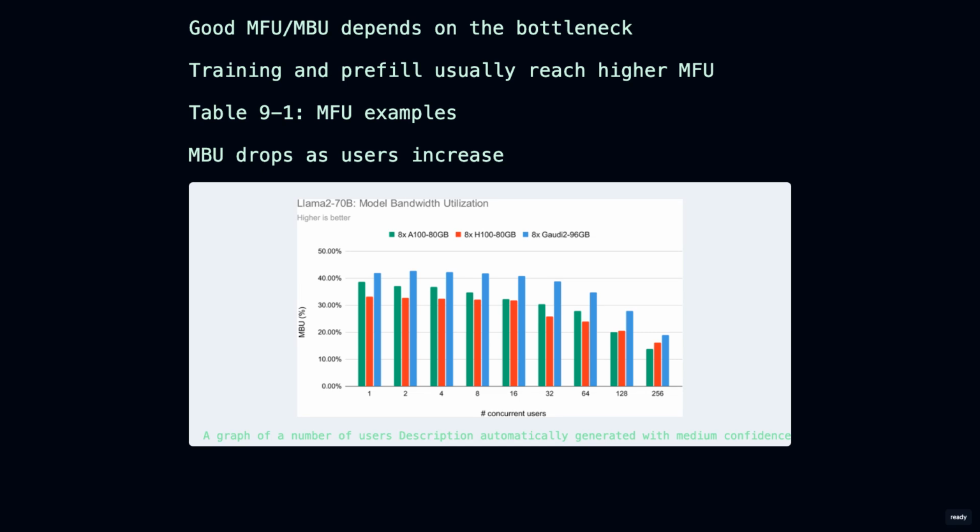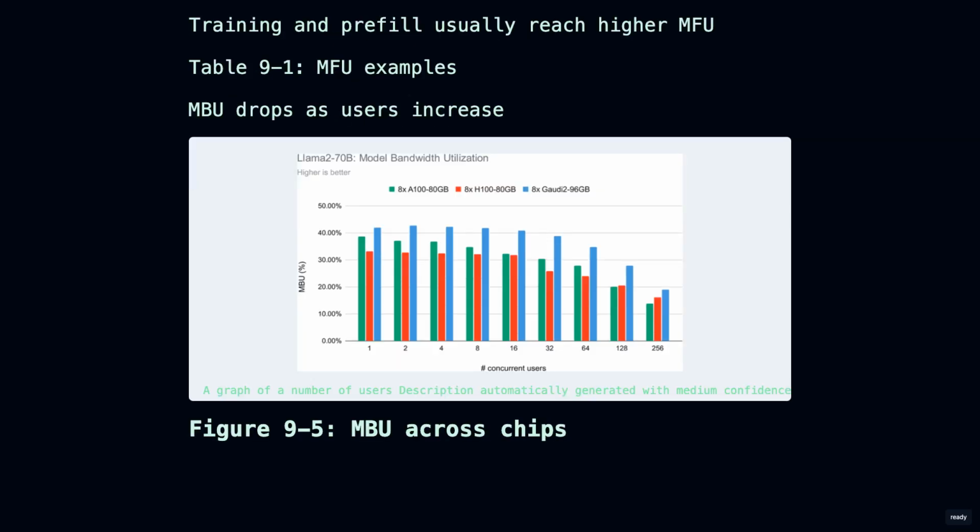The point is not just the absolute value, but how the bottleneck shifts with load. This figure reinforces that utilization is workload dependent. Different chips can behave differently as user count rises, so you should always read utilization in context.